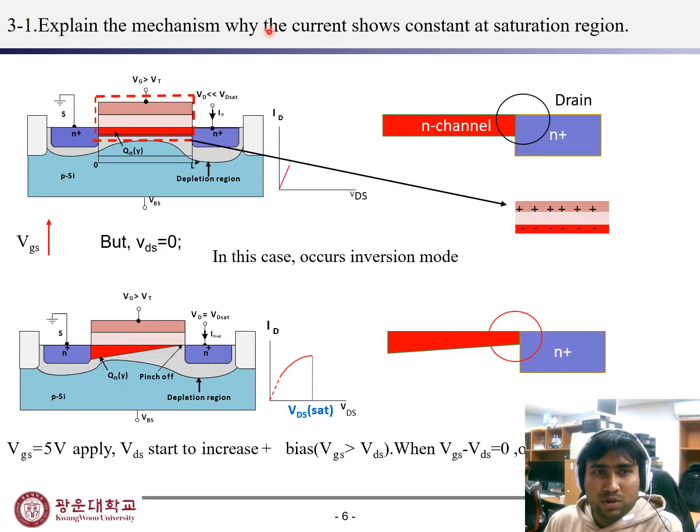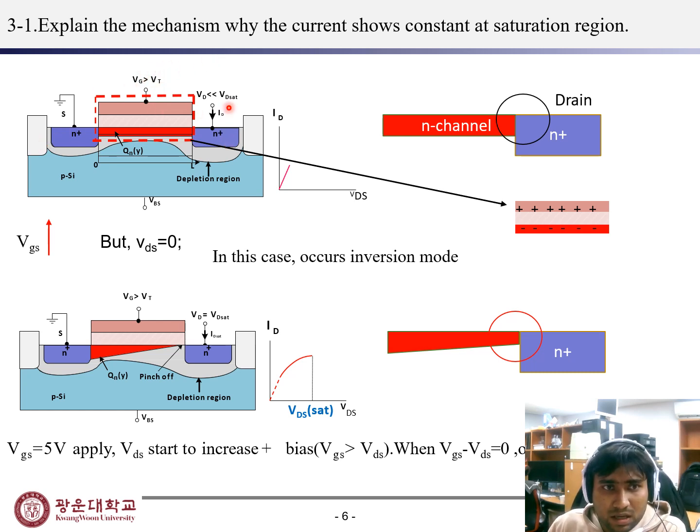Explain the mechanism why the current is constant in the saturation region. If we apply positive bias to the gate and source and increase voltage, we create a depletion layer. Here it creates an n channel for this VGS voltage.